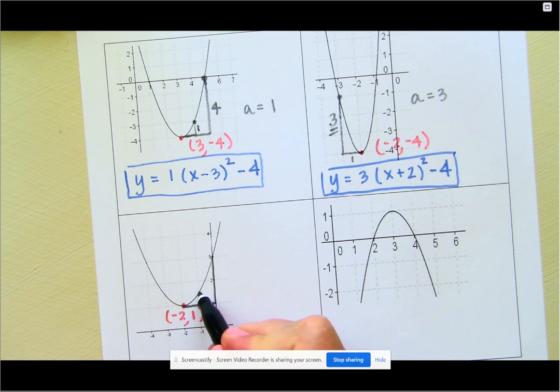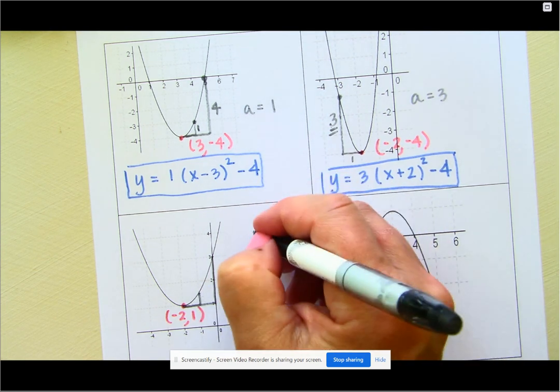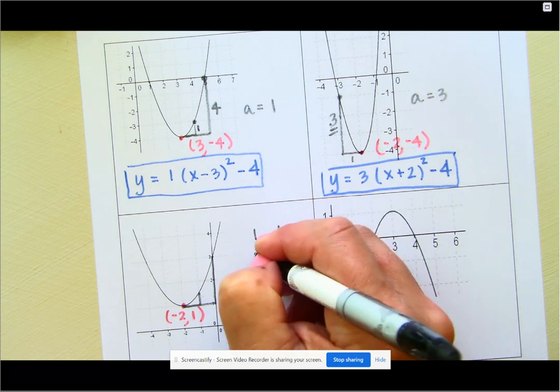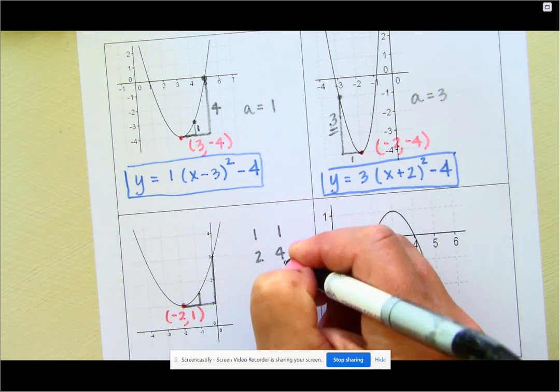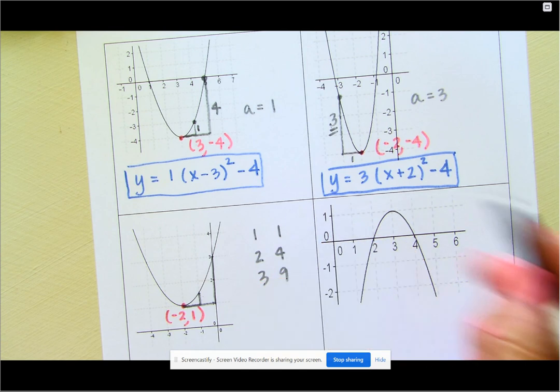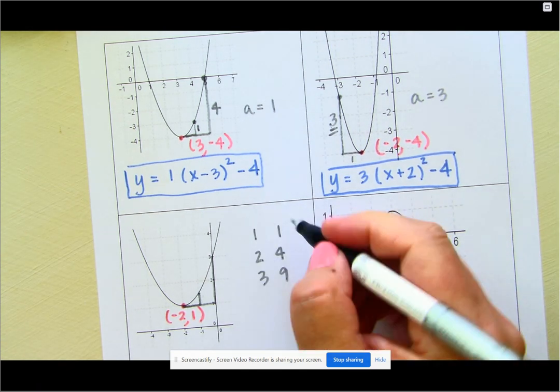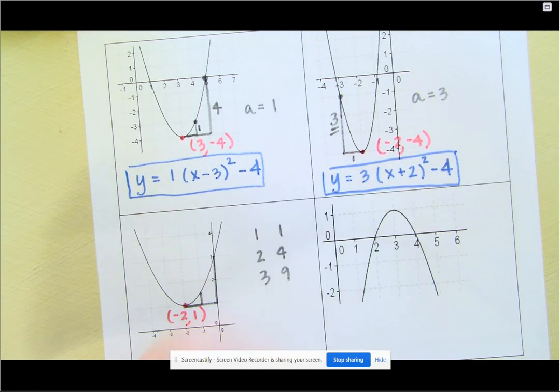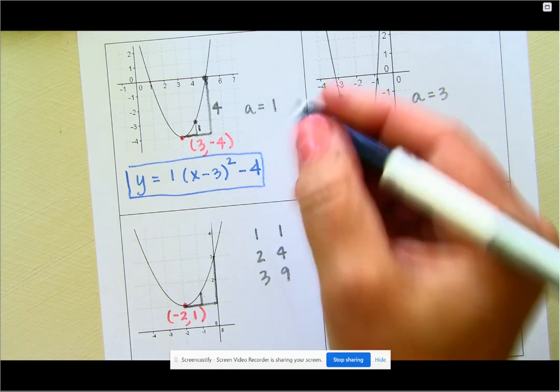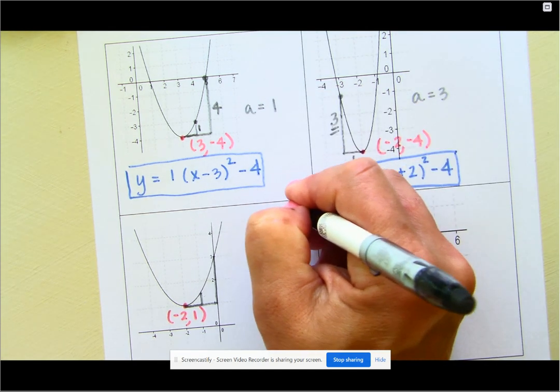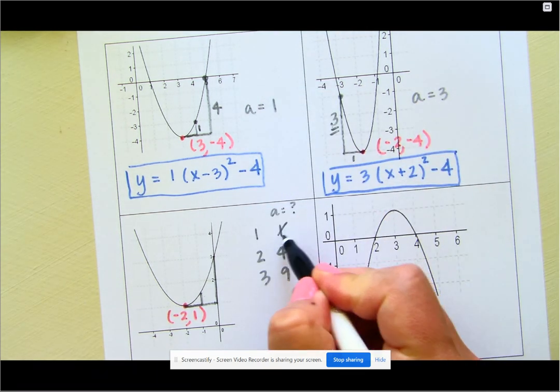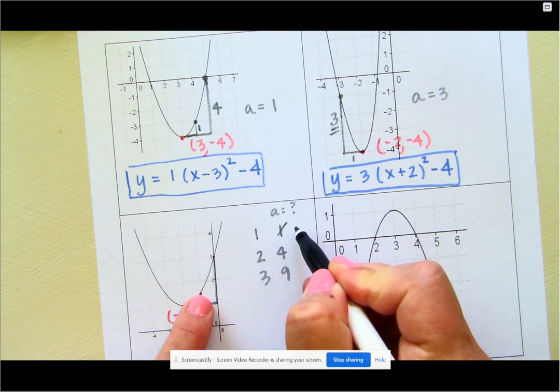And sometimes when it's not exactly on a line, you can't really tell. But if we remember the typical width of a parabola, right, the A value, whatever the A value is, we're not sure. Well, this looks like it shrunk. We're not exactly sure.